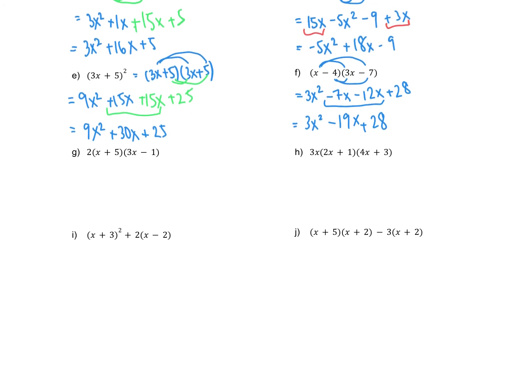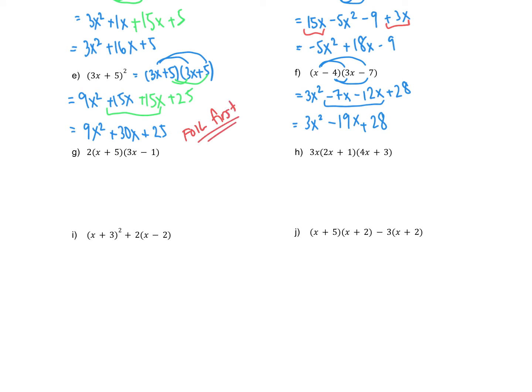All right, for our last few, I've just added an extra component. So if we look at G and H, you will notice that we have our two brackets like we've had normally, but there's also a single term at the front. Now, what I want you to remember and always do is your FOIL first, okay?